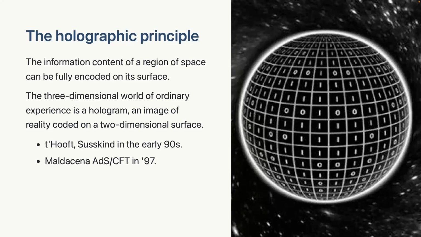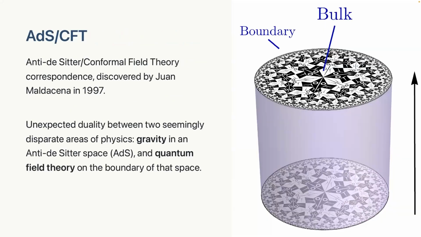What Maldacena discovered is a correspondence between a kind of space that has gravity and a kind of quantum mechanical field theory that has no gravity. So it's a duality between two things, one with gravity, one without, one in a higher dimension, the other in a lower dimension.